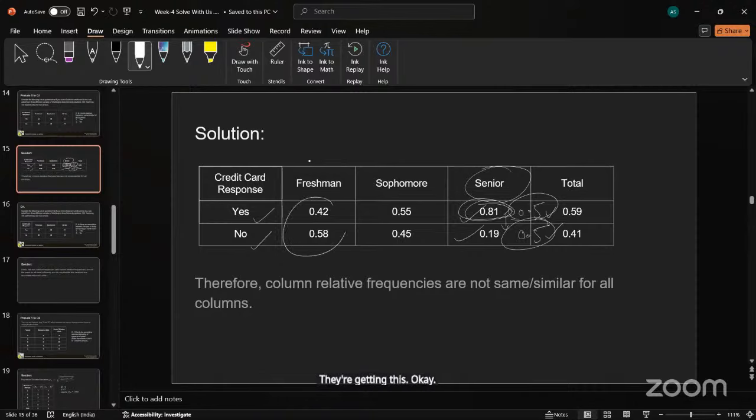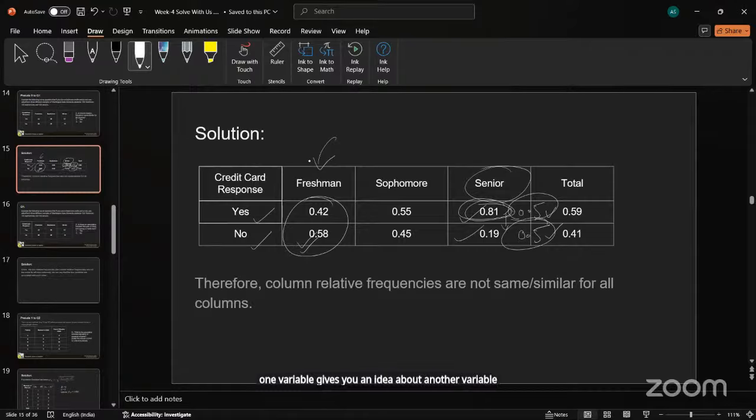For this case also, if the person says I'm a freshman, what will you predict? Whether he owns a credit card or doesn't? The chances are for not owning a credit card, right? So what is association? Having an idea about one variable gives you an idea about another variable.